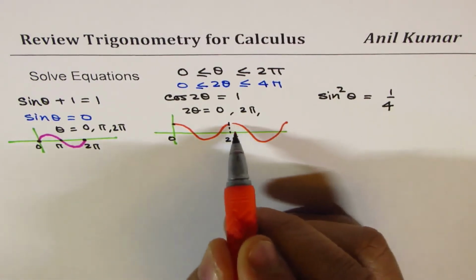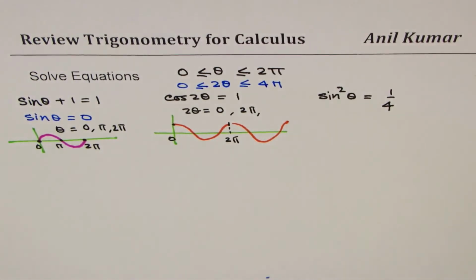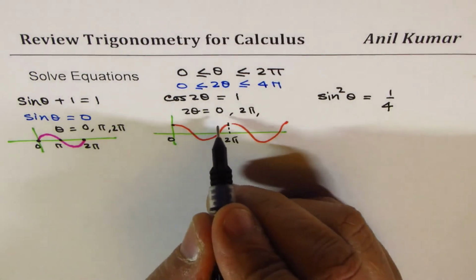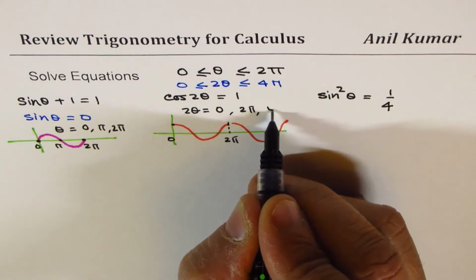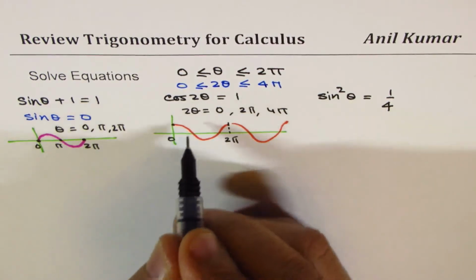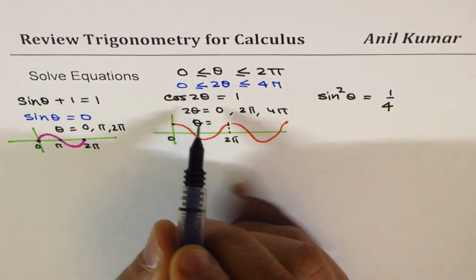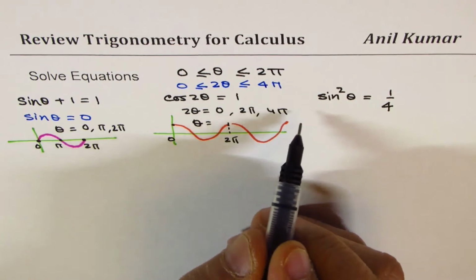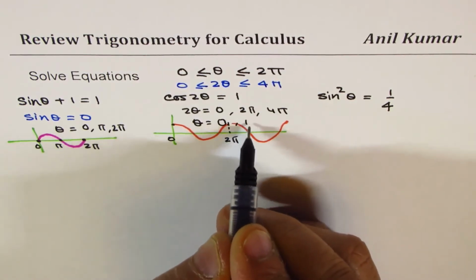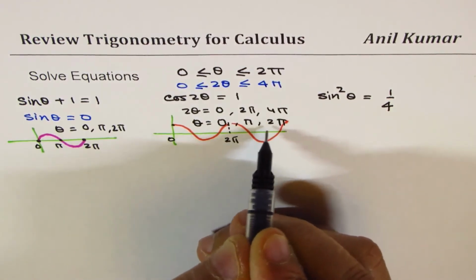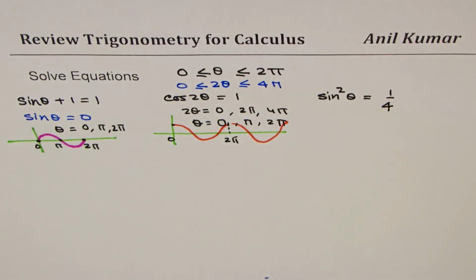So it's kind of like this, and it's again 1 at 4 pi. So 2 theta equals to 0, 2 pi, and 4 pi are our solutions. So theta in radians will become, you divide them by 2, as 0, pi, and 2 pi. Do you see that? So that becomes the solution for the second equation.